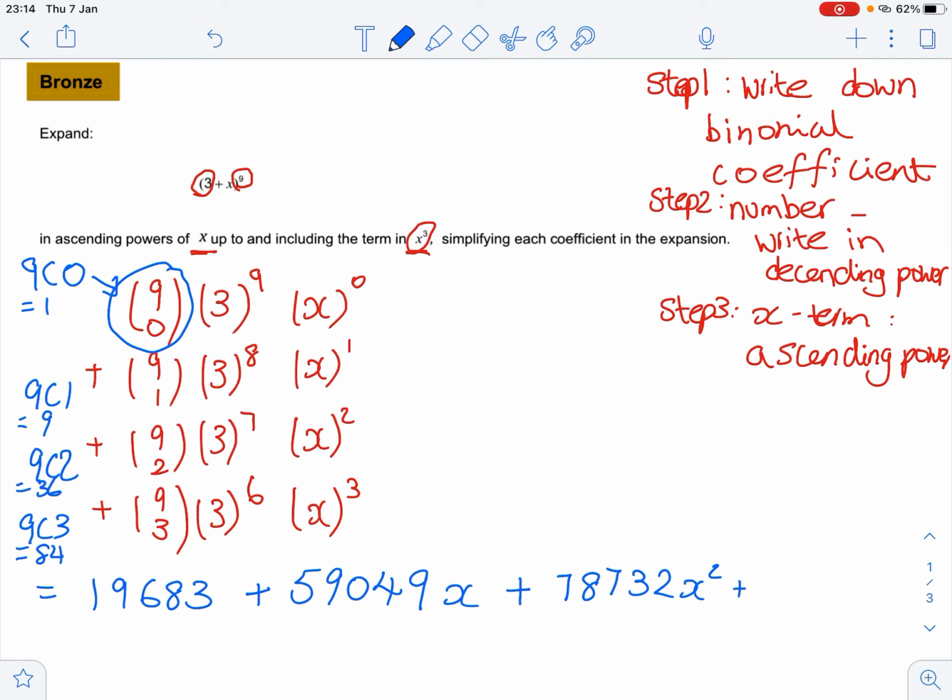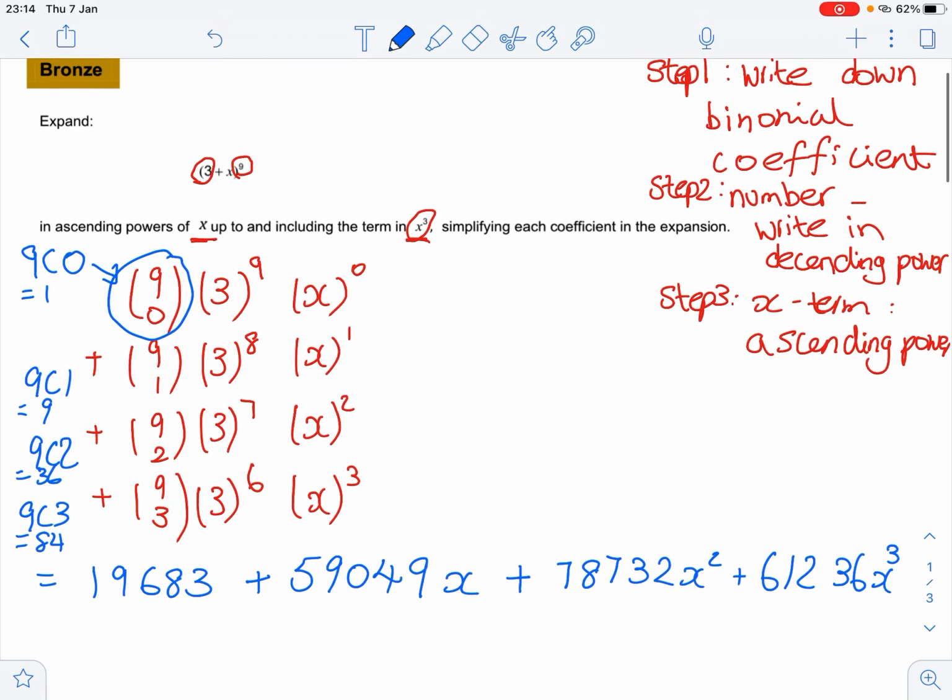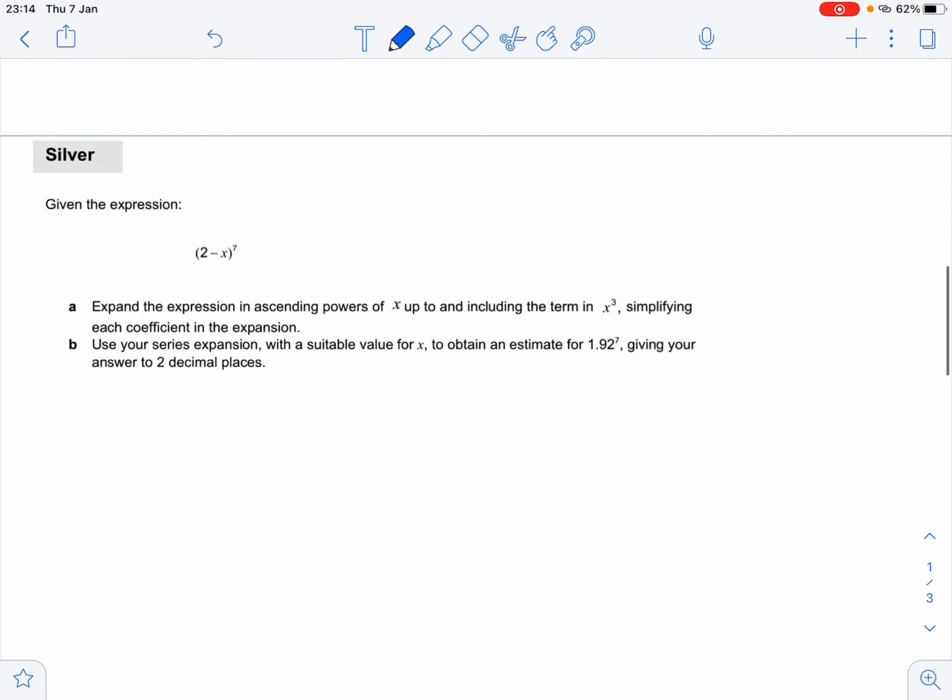So 84 multiplied by 3 to the power of 6 equals 61236x cubed. So that's our solution.